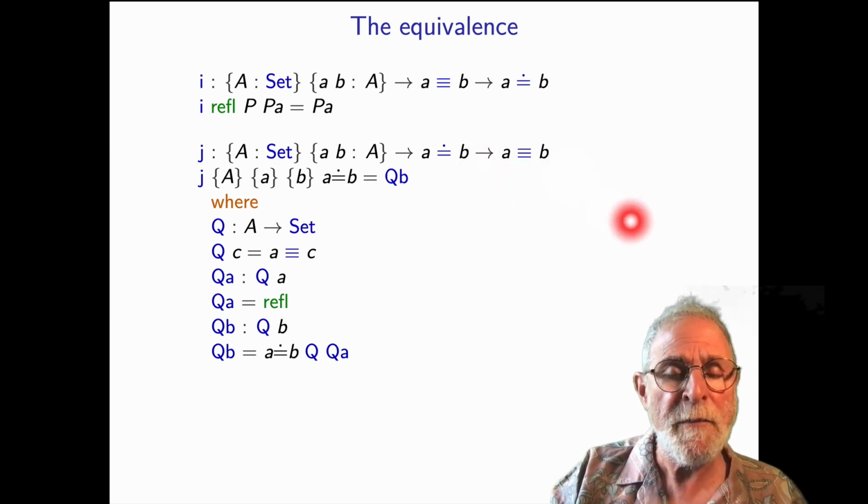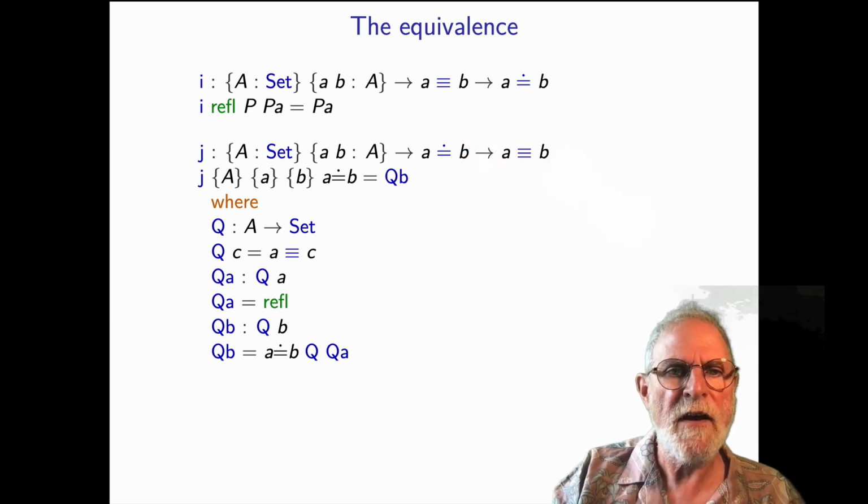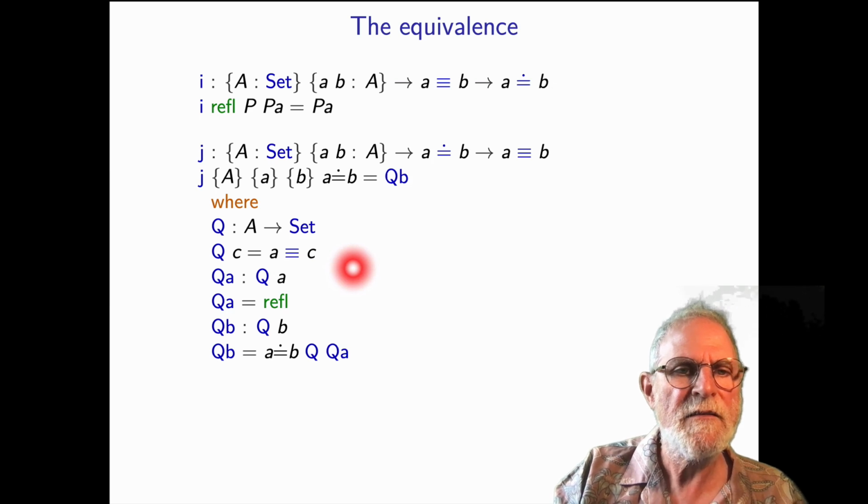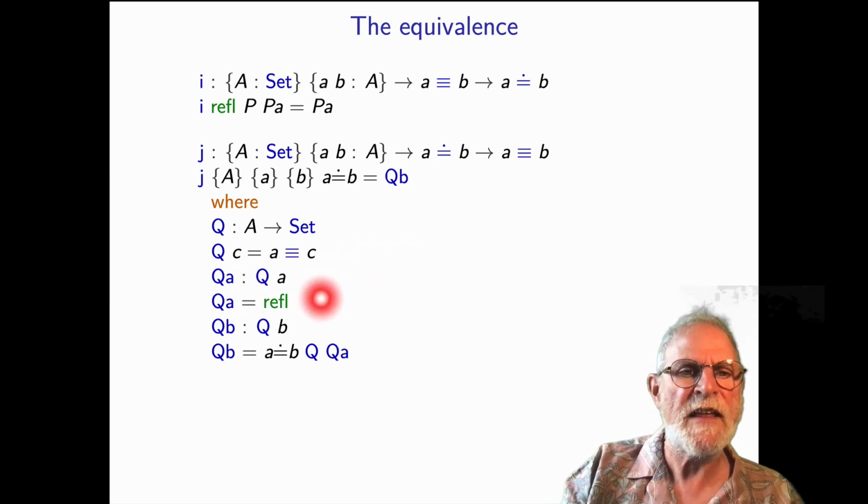It's very similar to the proof of symmetry, but now, instead of taking Q of C to be P of C implies P of A, we're going to take it to be A is equivalent to C. Okay, and then obviously Q of A holds by reflexivity.